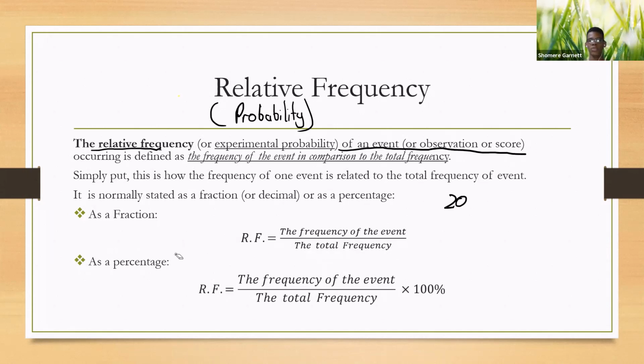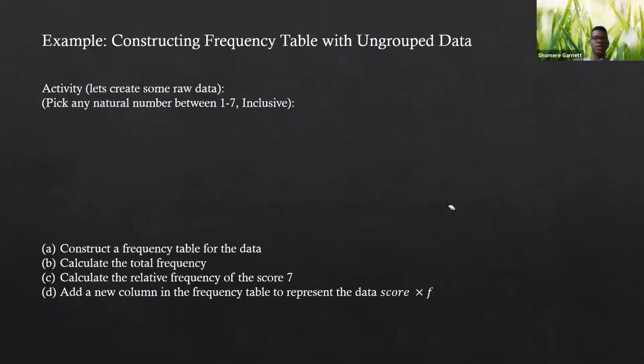And as a percentage, you can write the same relative frequency, which is the frequency of the event divided by the total and multiplied by 100% to express it as a percentage, right? It's the same thing as probability. Well, enough of that. What I need to get into is an actual example, right?